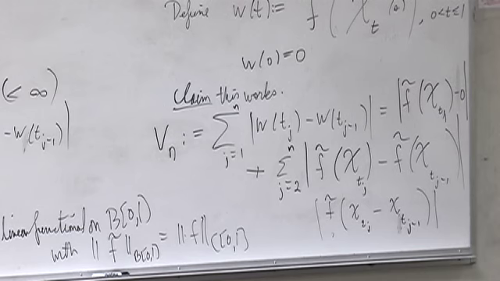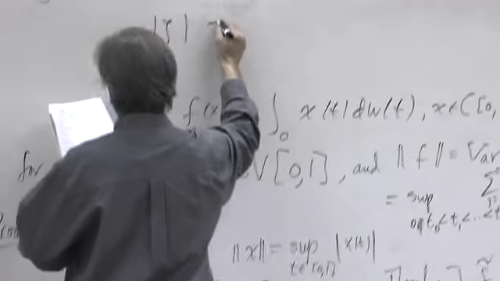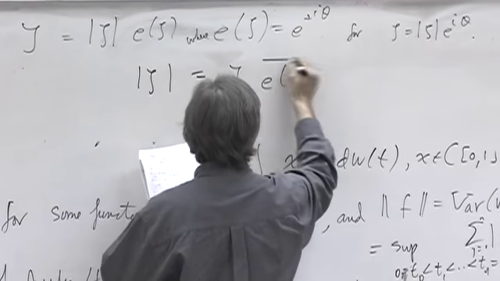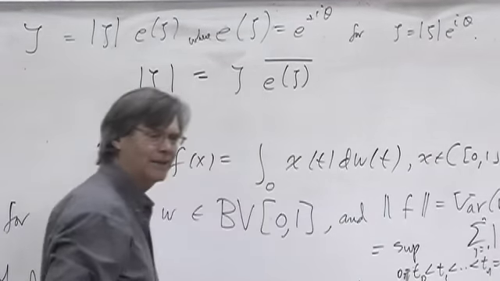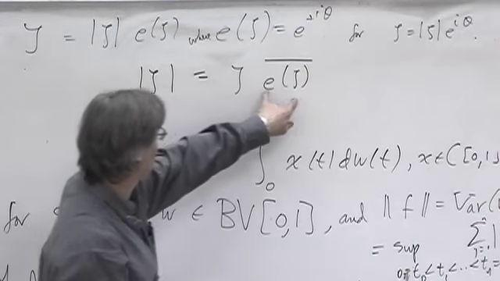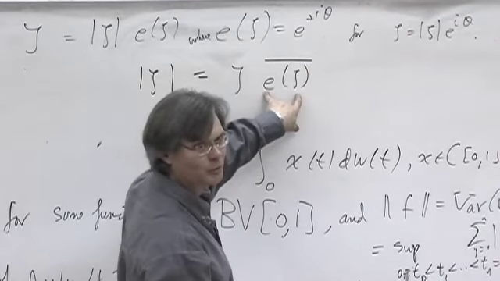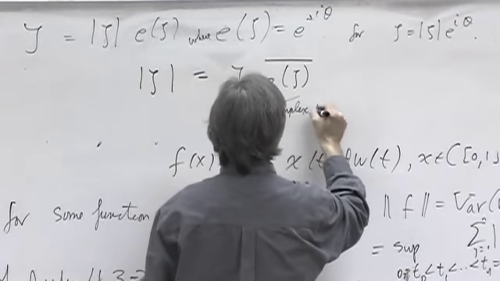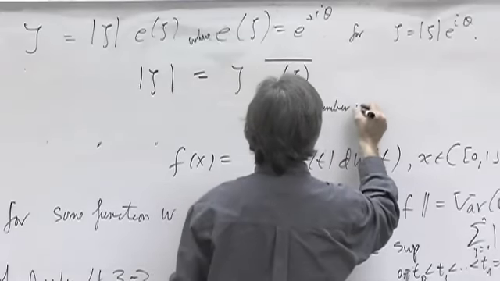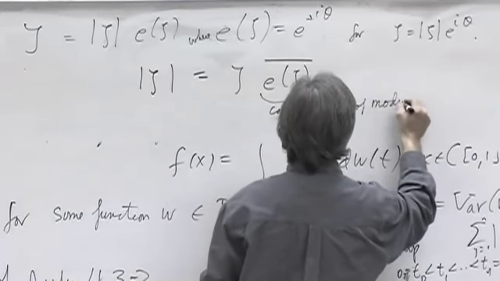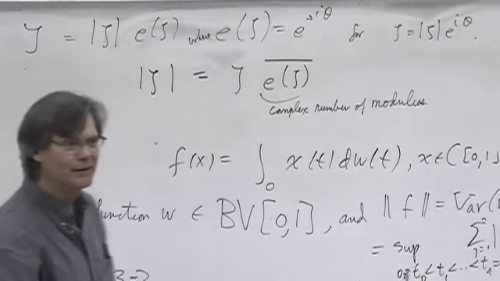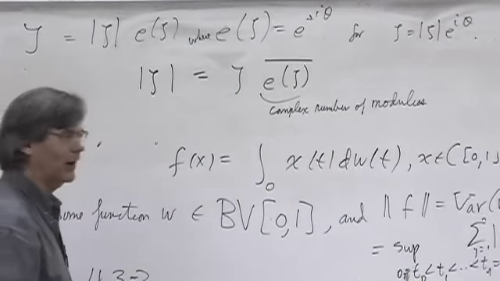And so what I'm going to get is that the magnitude of any complex number is zeta times the complex conjugate of this e of zeta, which is e to the minus i theta. So there's a complex number of modulus 1. That's like saying that a real number is its absolute value times plus or minus 1. There's just a plus or minus 1 factor in there.